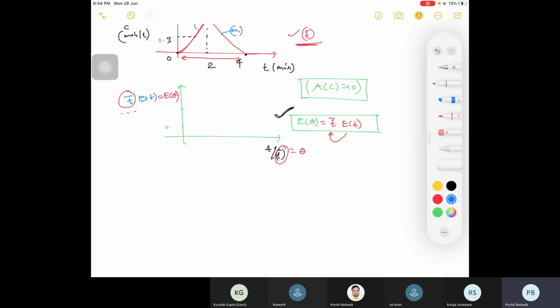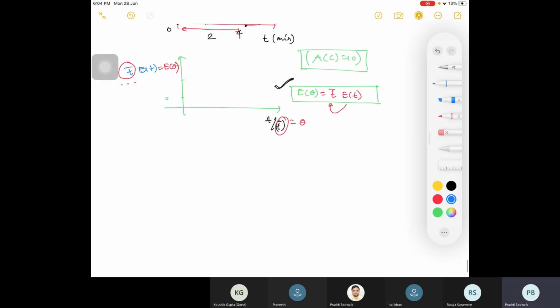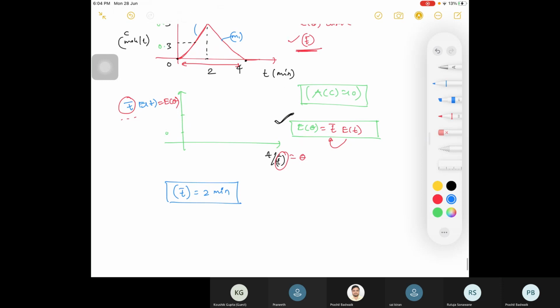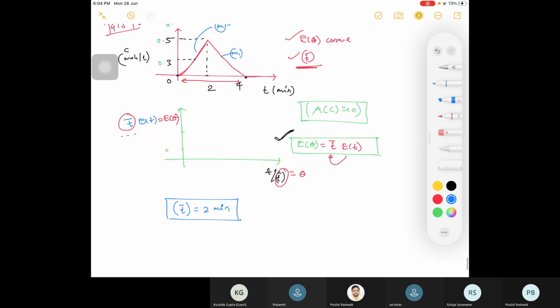What is T mean here? Are you guys getting this answer? Your E theta curve will be like this.